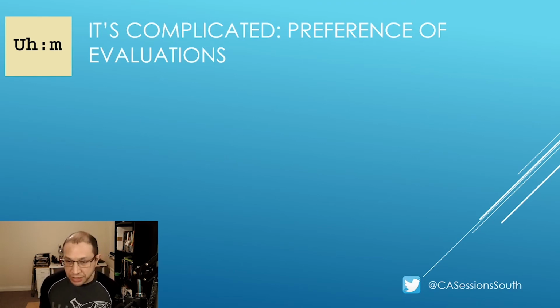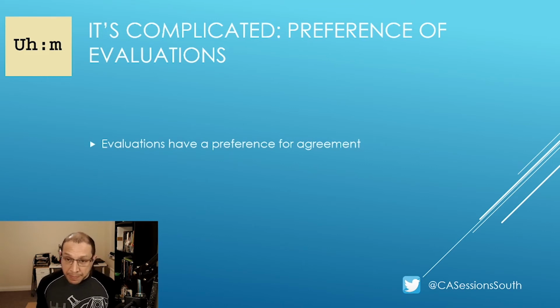Preference organisation is complicated. For example, in making an evaluative statement about something, there is a general preference for agreement.